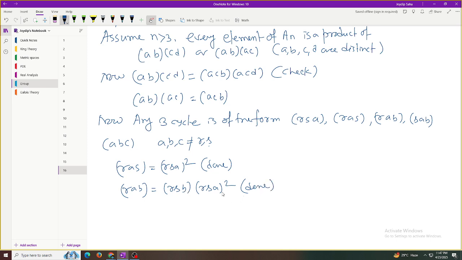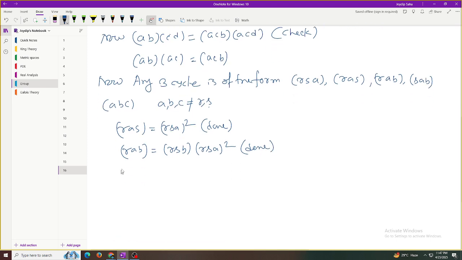RSK type, K equals B or A. Similarly, ASAB we can write as (RSB) whole squared (RSA).